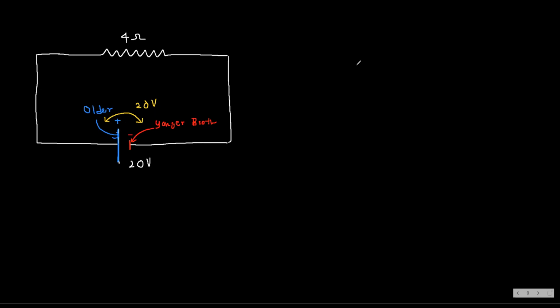Clear? The second thing you have to remember: if there is no item, what I mean by item is a resistor, cell or battery, or capacitor.